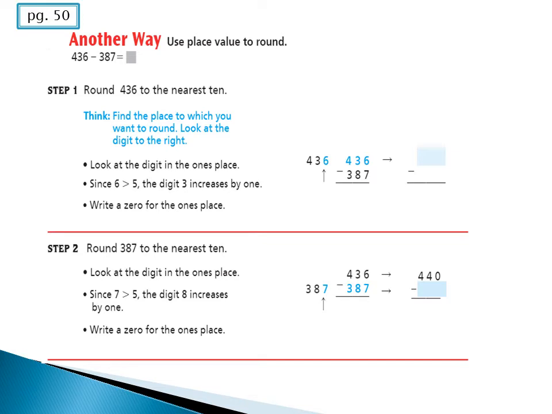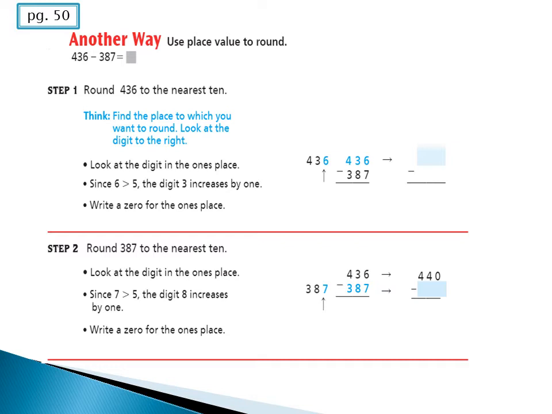Now go to page 50. Another way to solve this problem, use the place value to round. 436 minus 387. Step 1. Round 436 to the nearest 10. Why does it make sense to round to the nearest 10 rather than the nearest 100?